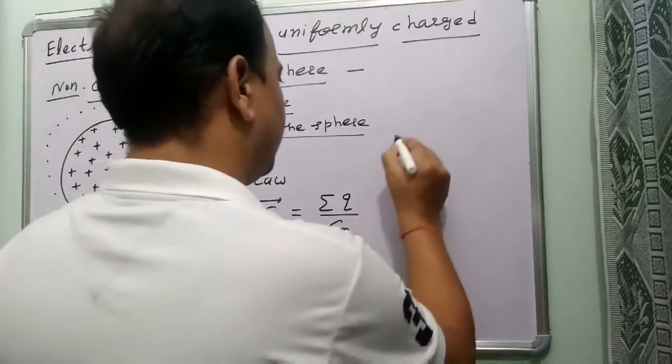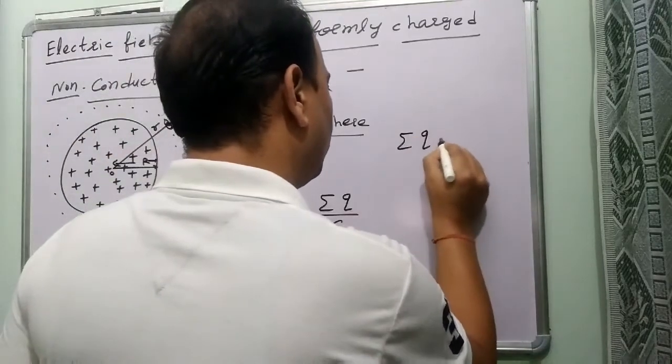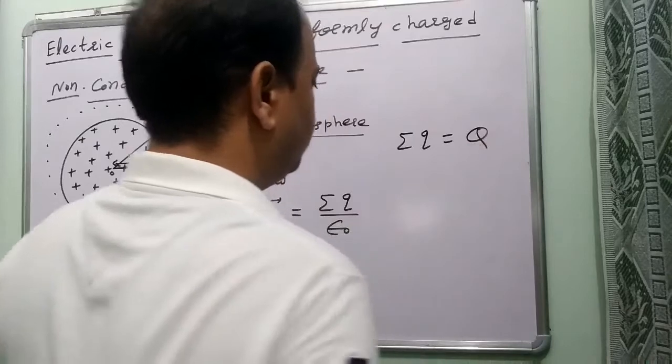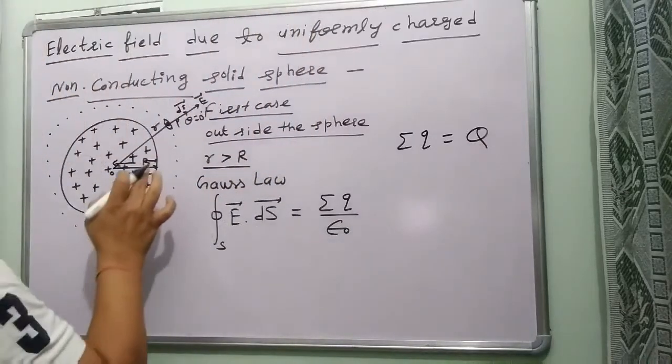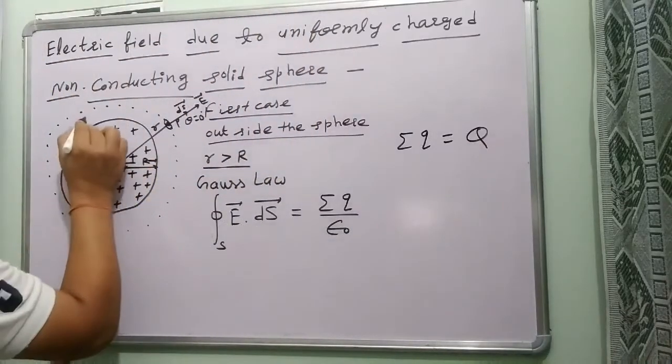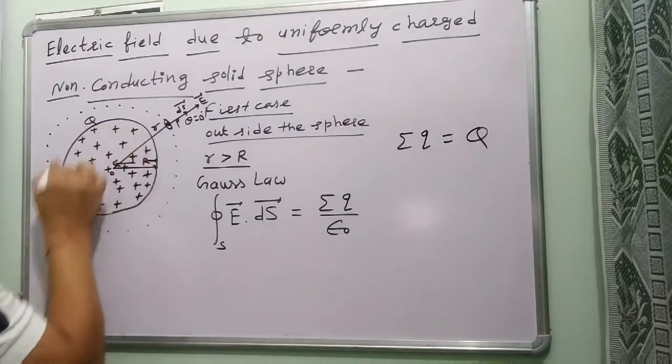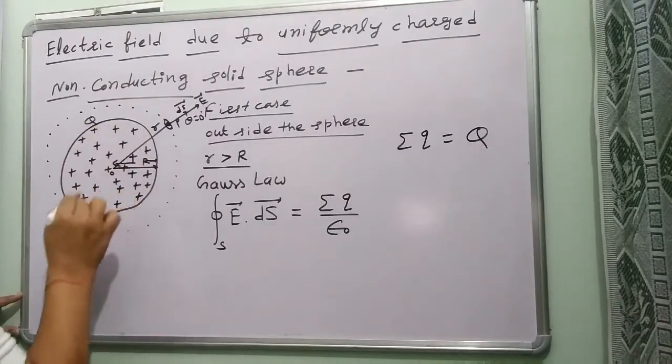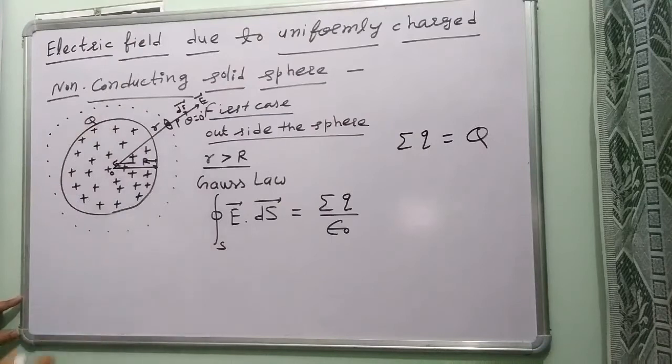Now here sigma q is equal to capital Q, the charge which is in the Gaussian spherical surface.